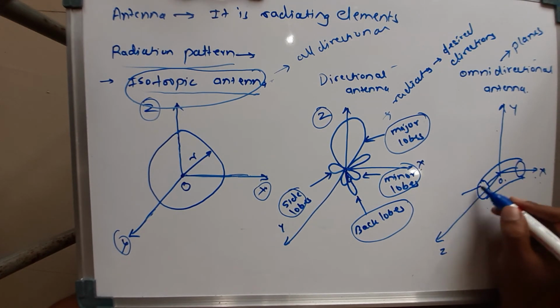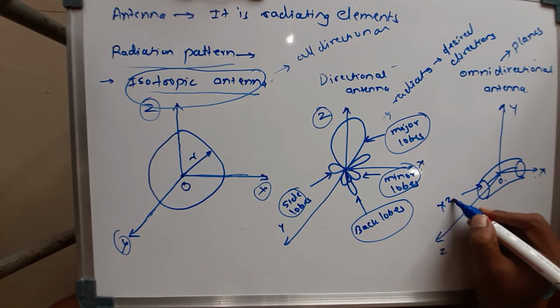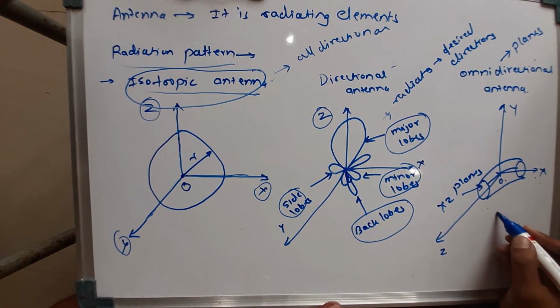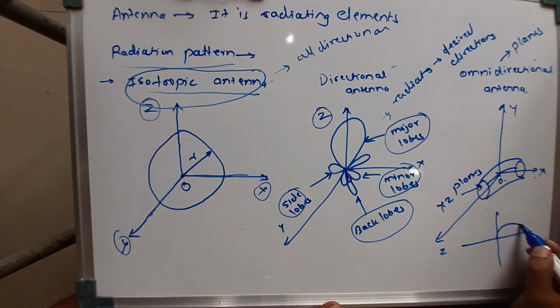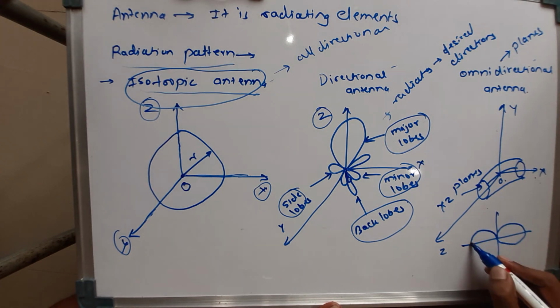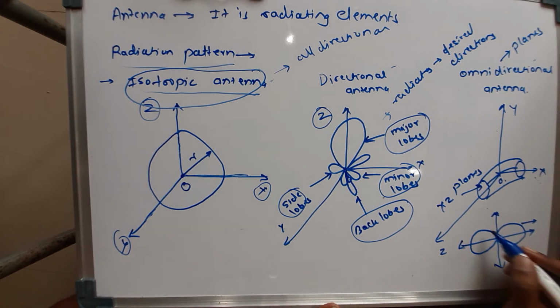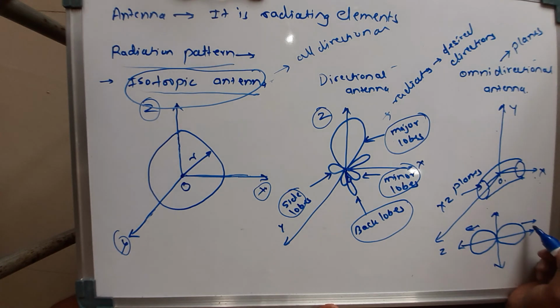So here it will radiate on the xz plane. So if you see on the front side, it will look like this, that is an omnidirectional antenna or bidirectional antenna. So it will radiate the signal in this direction as well as this direction. So assume this one is front and this one is back direction.